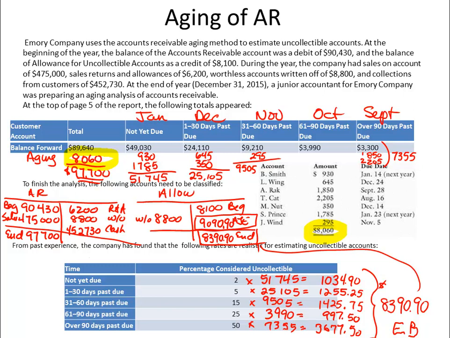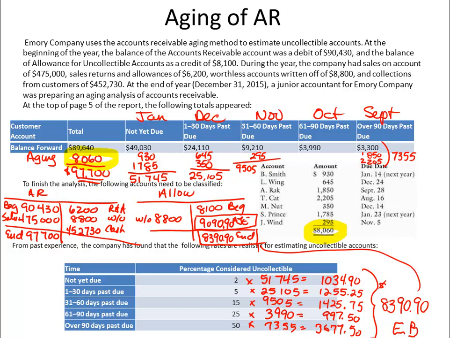November came to $95.05. I'm going to multiply that by a 15% uncollectability estimate, which is $1,425.75. As far as October, that's $3,990 times the 25% estimate of uncollectability, which comes to $997.50, and the over 90 days past due, or $7,355, I'm going to multiply by the uncollectible estimate of 50%, which is $3,677.50.